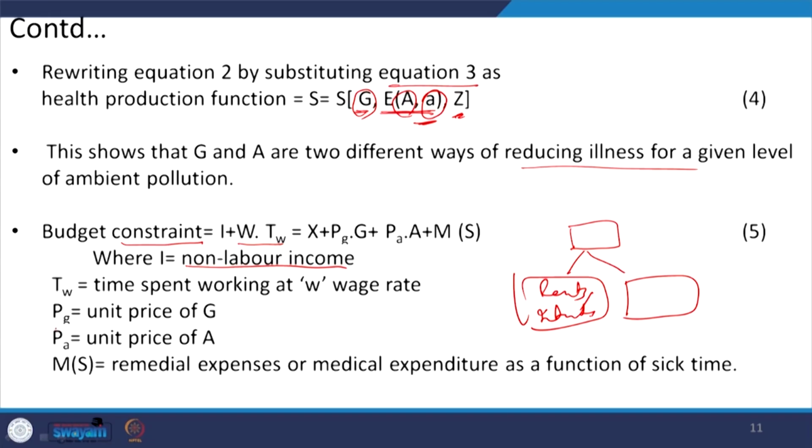And PG is the unit price of G, PA is the unit price of A, and MS is the remedial expenses or medical expenditure as a function of sick time.